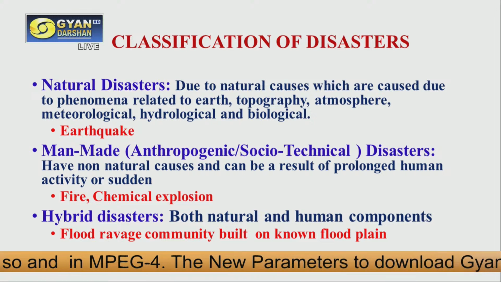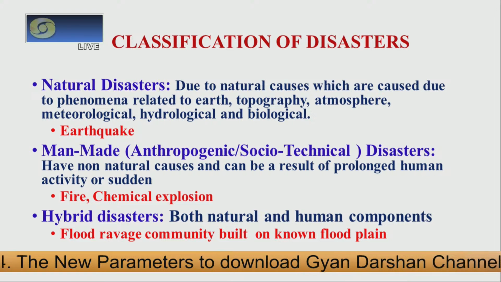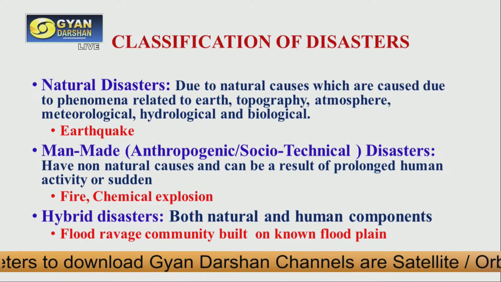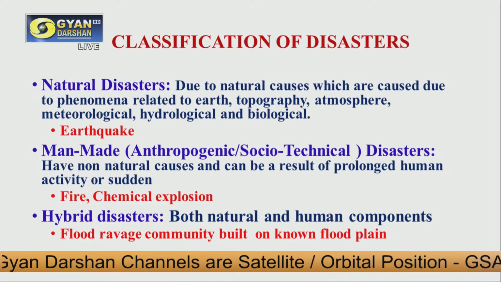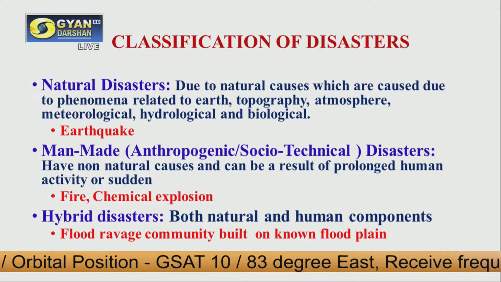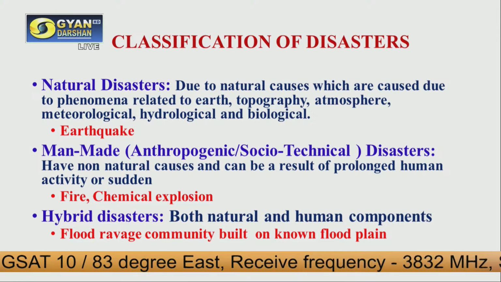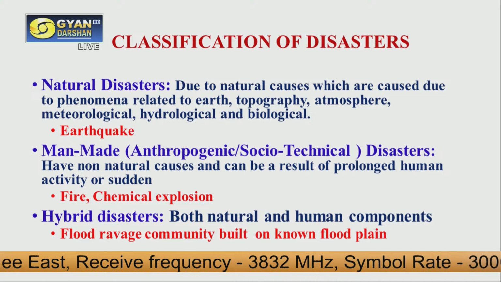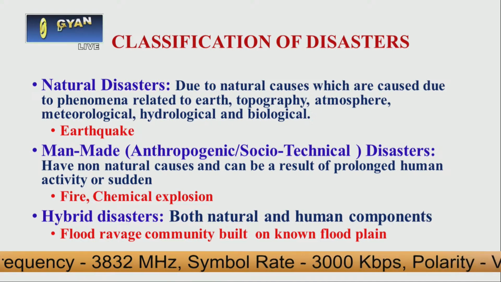Because of some intervention or some mistakes by human beings, these disasters occur. So we call them man-made, anthropogenic or socio-technical disasters. The simplest example is fire. Due to some mistakes by human beings, fire incidents occur, whether at home or in industry. These fires are mainly caused by some human mistake.